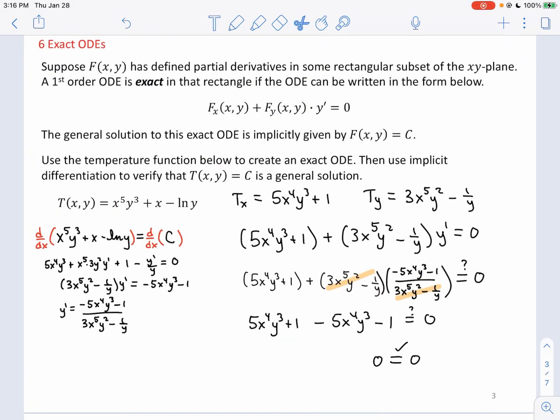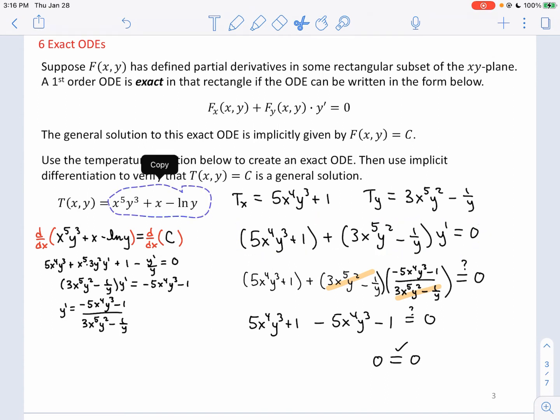All right, so to create and solve an exact differential equation is extremely easy because you simply start with any function of two variables you want. You do partial derivatives for x and y, and then you create a differential equation.